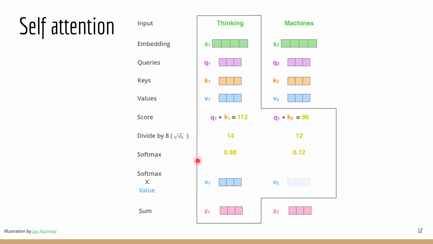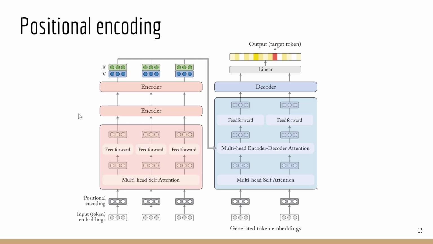This is how Z1 and Z2 and all the other contextualized embeddings are computed from X's after being passed through the self-attention module. As mentioned earlier, the transformer model is a feed-forward network, and it does not have any recurrence like recurrent neural networks in order to capture the sequential order of the input, here the input text.